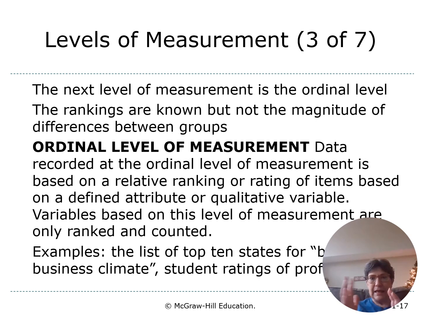Ordinal is the next highest level, and ordinal means that there is an order, but there's not an equal value between the rankings. So you could say the top 10 states, the top 3 football teams, student rankings of their professors.